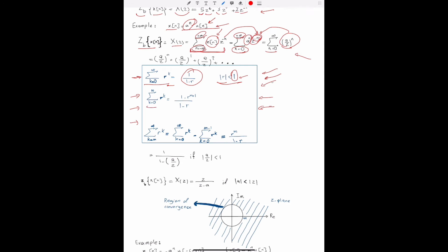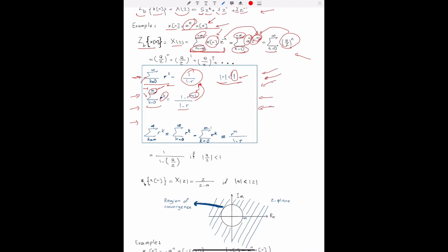And if we want to find the sum for k from 0 to m, a finite value, not infinity, of r to the power of k, which is a general case of what we showed above, it will be 1 minus r to the power of m plus 1, divided by 1 minus r. So the above case is a special case of the below case, right? M is going to infinity here.